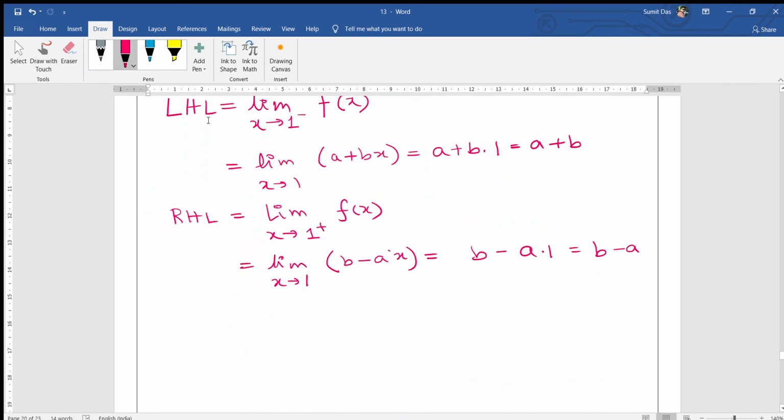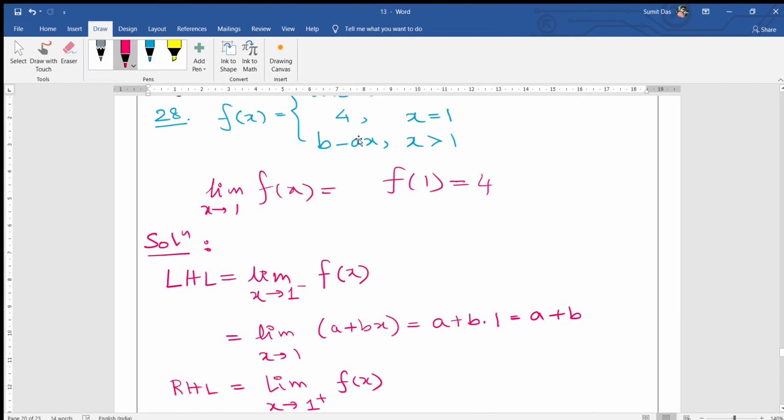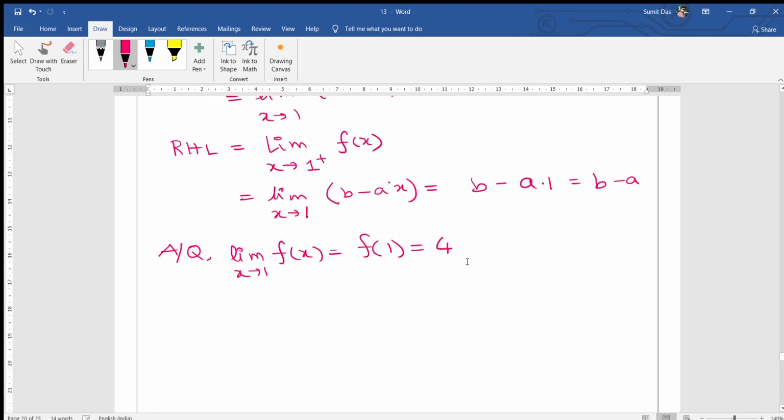That means the limit of f(x), meaning the left hand limit and right hand limit, both values are equal to 4, as per the question. The limit as x tends to 1 of f(x) is equal to f(1). f(1) means the function value when x equals 1. When x equals 1, what is the value of the function? 4. So f(1) will be 4.